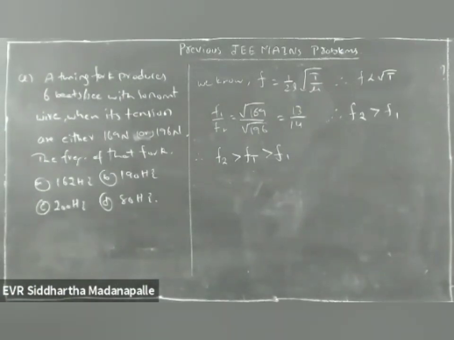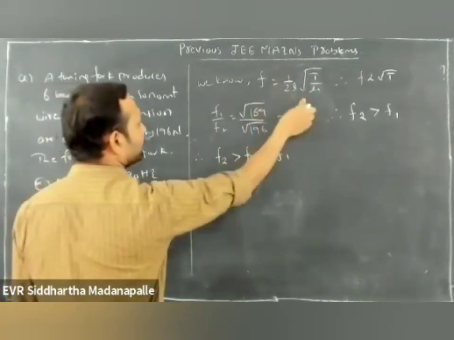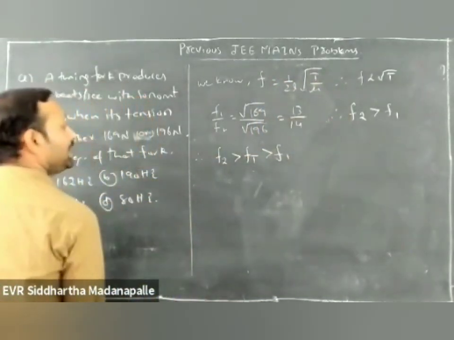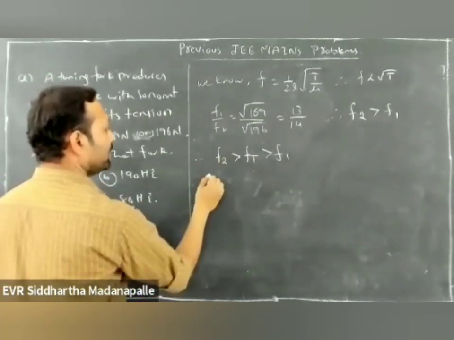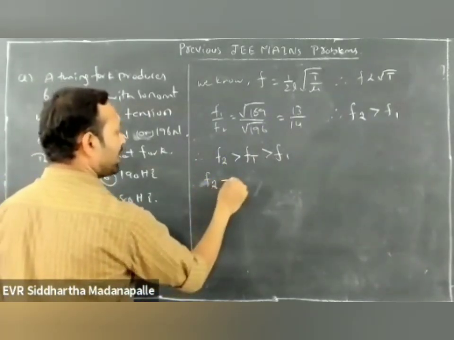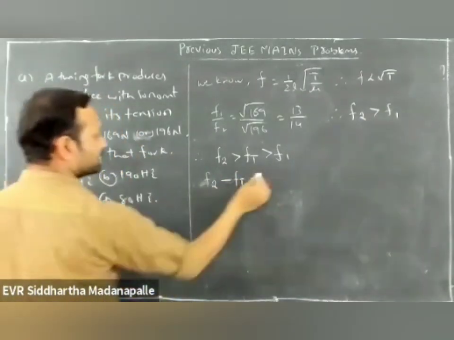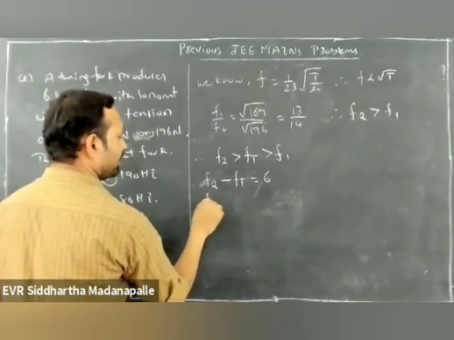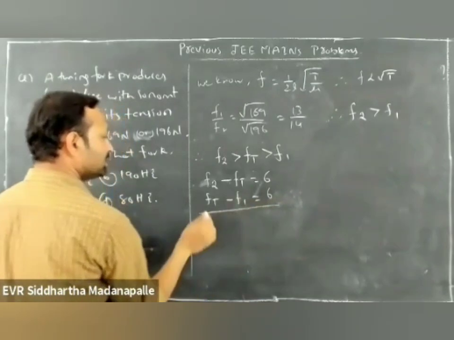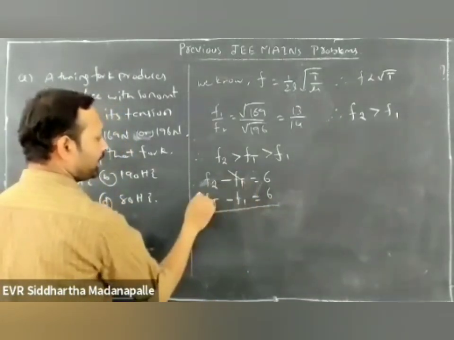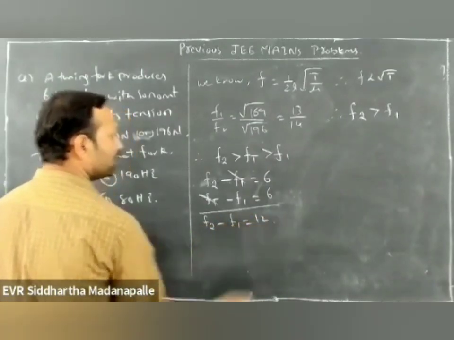Okay, so F2 minus Ft is 6 beats produced, and Ft minus F1 is 6 beats produced. So Ft can cancel. So F2 minus F1 is equal to 12.